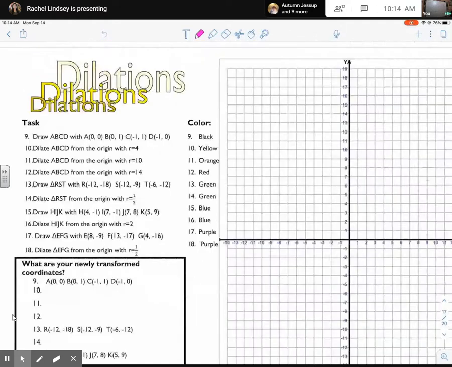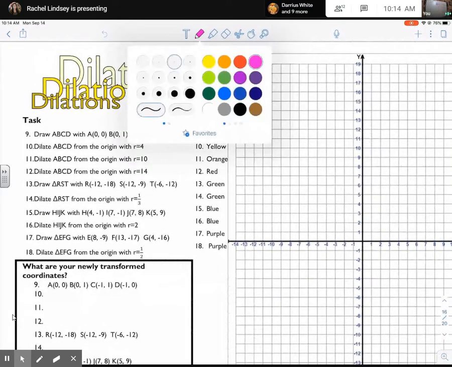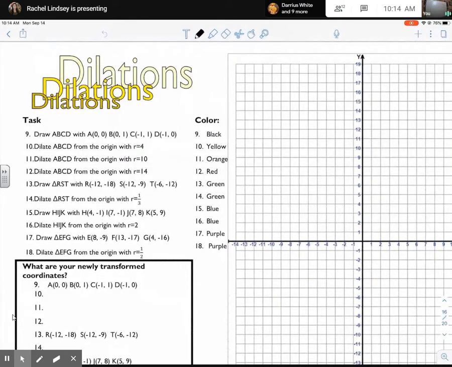So I'm going to take this and I'm going to draw those coordinates. So at 0, 0, 0, 1, negative 1, 1, and negative 1, 0.